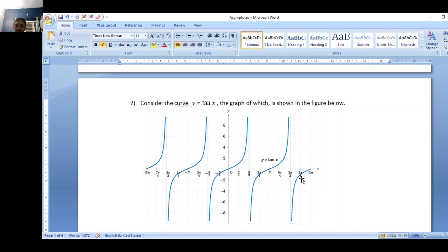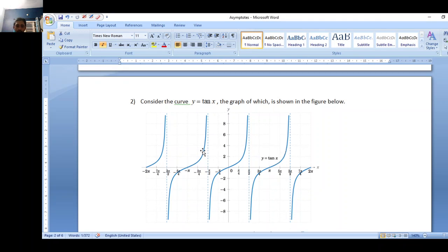Now, do we have an asymptote for tan x? By looking at the graph, I think it is easy to observe that this line touches the curve on either side at x equals pi by 2. What I'm trying to say is that as x approaches pi by 2, as you can see, there are two branches of the curve.